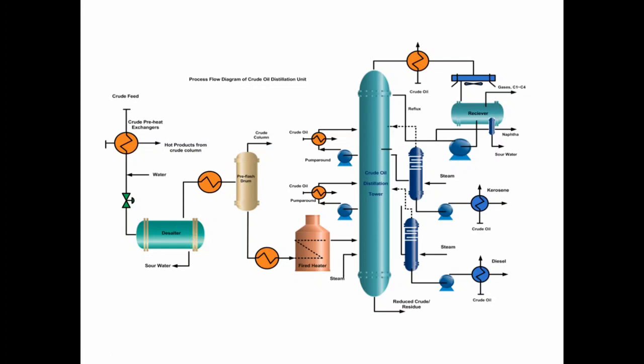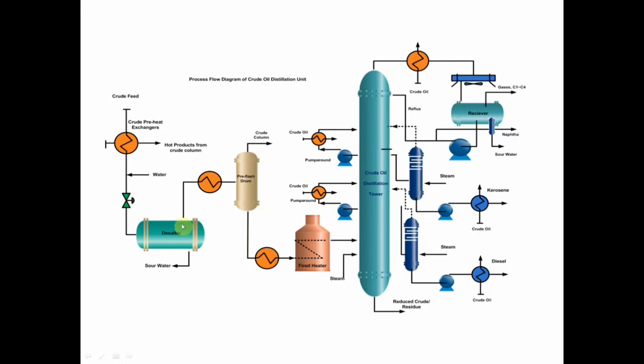After the desalter, this crude oil is again heated with the help of a heat exchanger. You can see the sour water or the salt content water is removed from the desalter, which helps in protection from corrosion of the equipment.